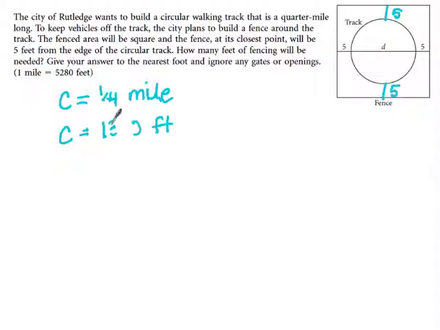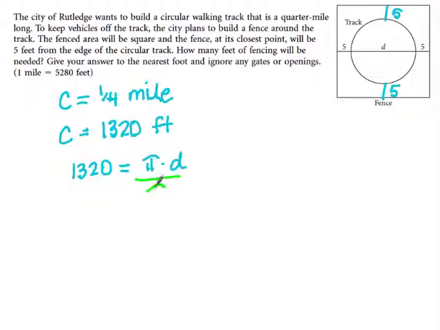Okay, so 1,320 feet is what the circumference must be. Well, I know the circumference formula is pi times the diameter, right? So circumference equals pi times the diameter. Well, how can I find the diameter now, folks?